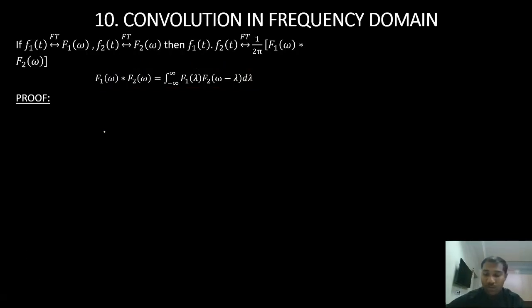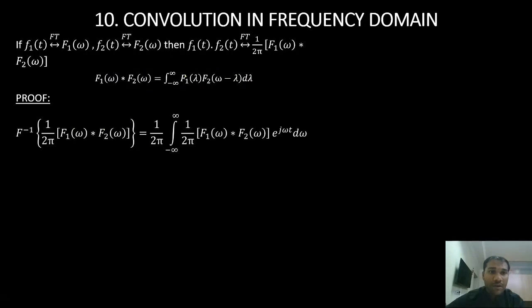Now let me take the Fourier inverse of my right hand side. Inverse Fourier of 1 by 2 pi F1 of omega convolved with F2 of omega is nothing but 1 by 2 pi integral of this whole thing, the integral of 1 by 2 pi F1 of omega convoluted with F2 of omega e power j omega t d omega.